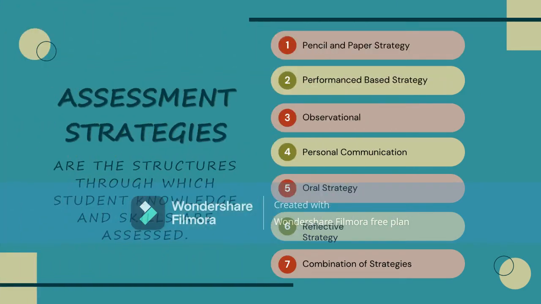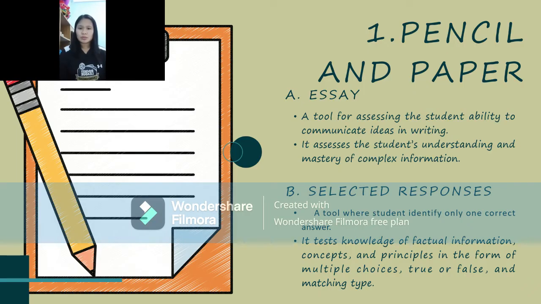The first assessment strategy is the paper and pencil. There are two examples. First one is the essay. This is a tool for assessing the student's ability to communicate ideas in writing.